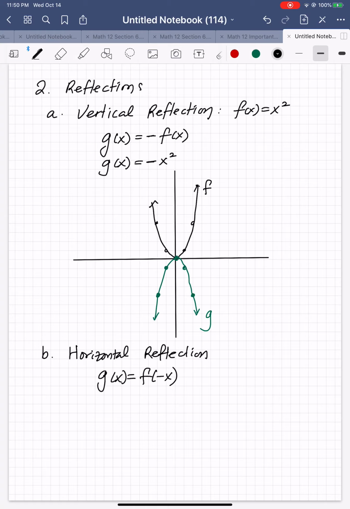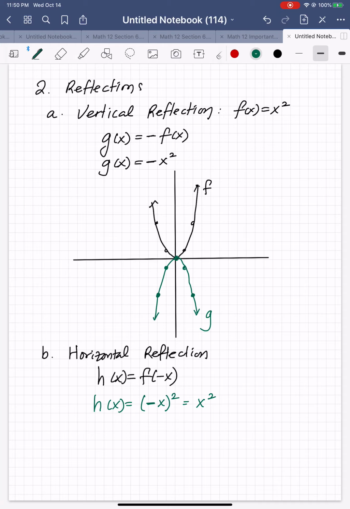Let's call it the h function, because we already used g, and I'm going to use the same graph. So h of x means negative x squared, which comes out as a positive x squared, so it stays the same as x squared.